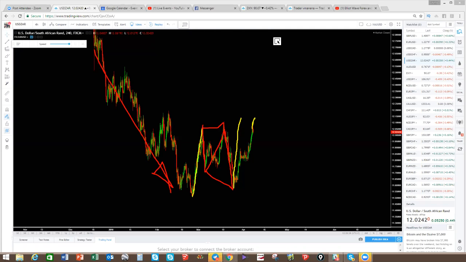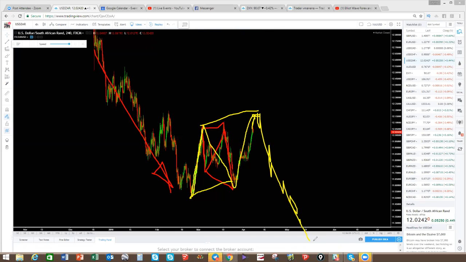Why do I want it to come to that level? Because if it does that, US dollar against ZAR weakness will resume again. Let's take this off, because overall this will be a zigzag correction for a move to the downside, making this just a 1, a 2, a 3, and then we continue with the move down.